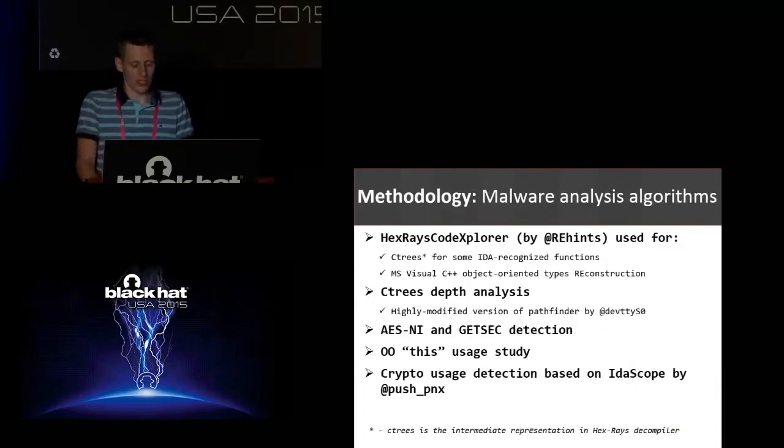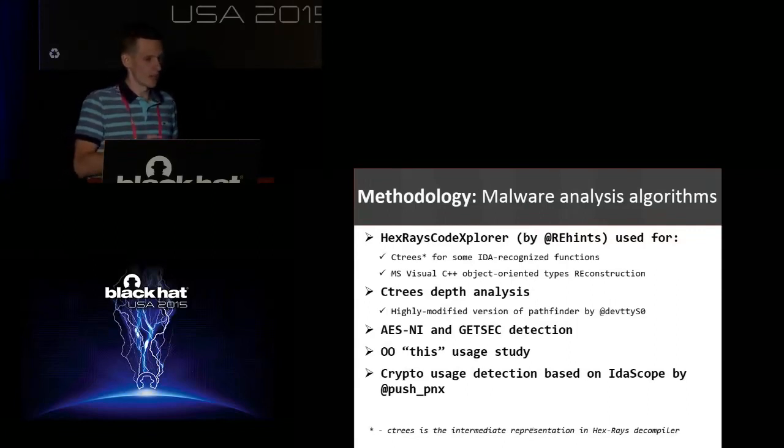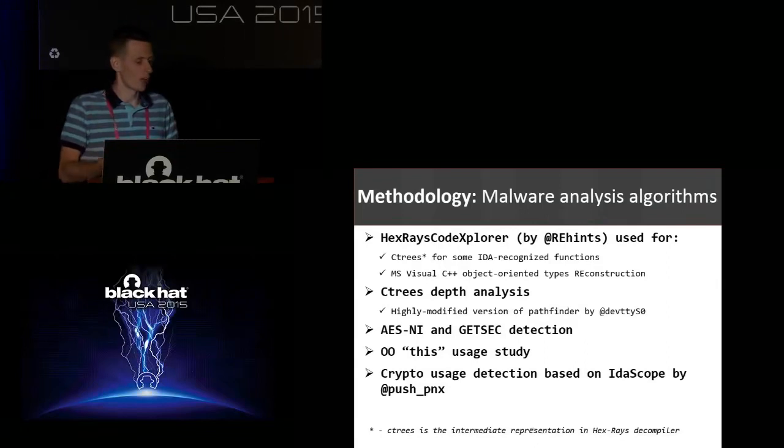So let's talk about how we were doing this, or what kind of algorithms and tools we were using. We were using primarily the intermediate representation in the IDA Pro decompiler, which we will refer to as ctree. Basically, ctree is the intermediate representation of a decompiled function in the IDA Pro decompiler.